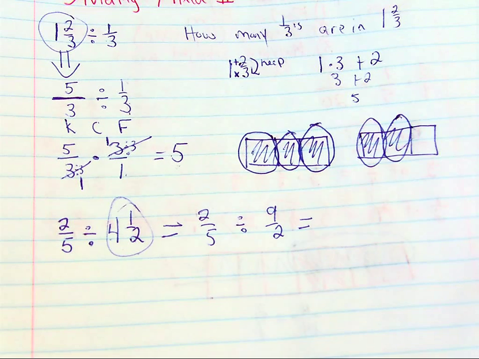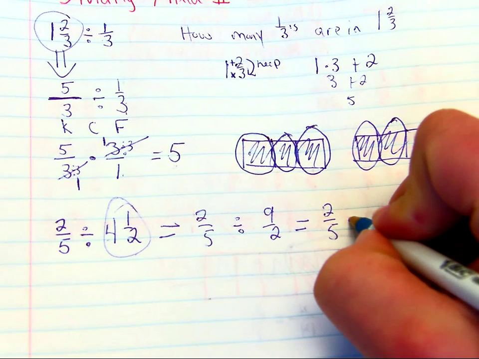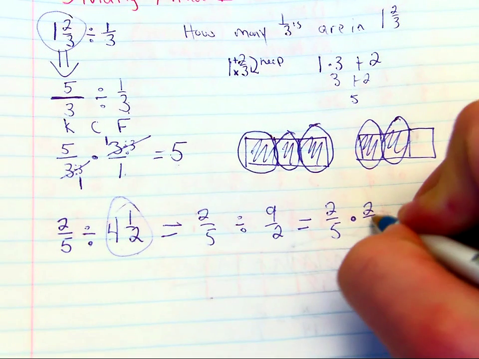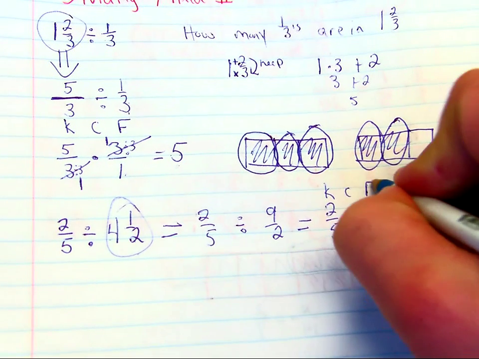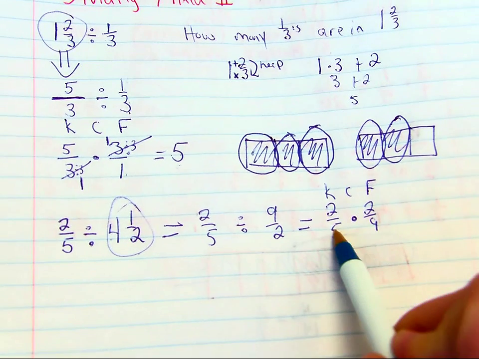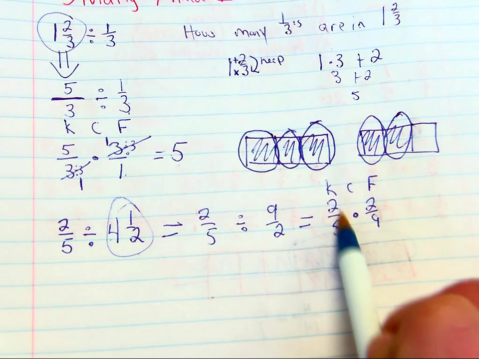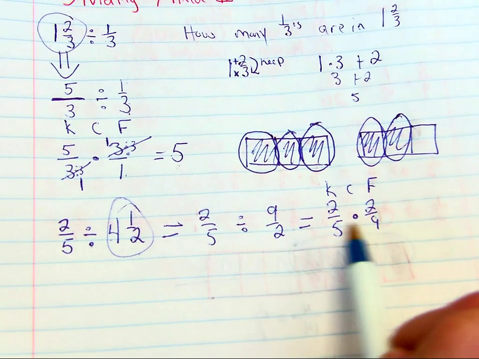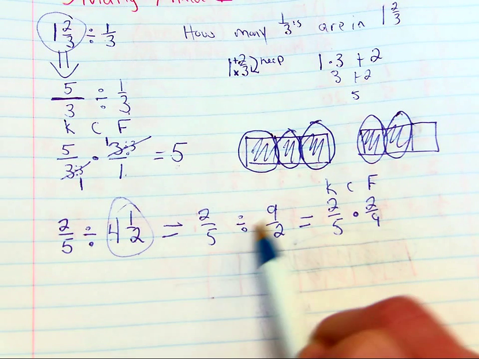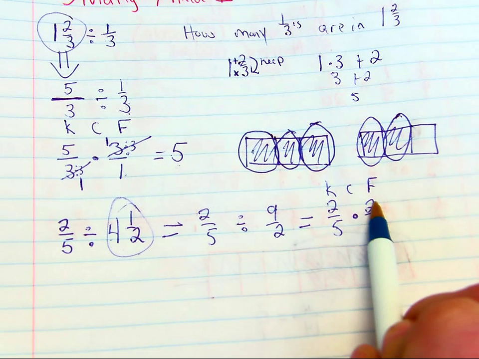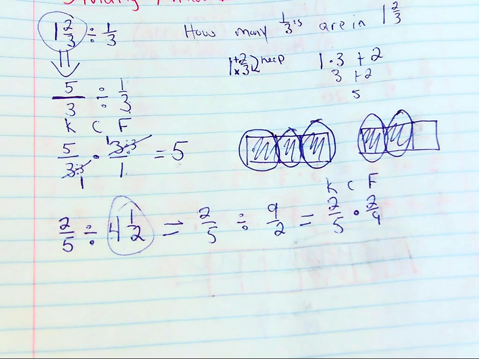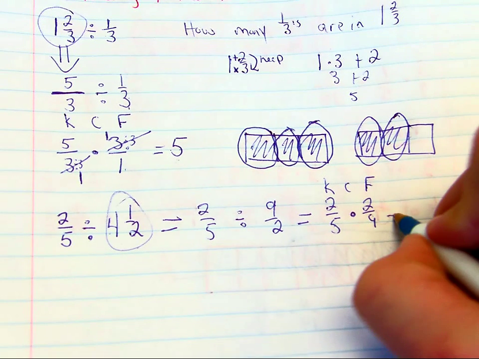And I want to write a multiplication problem. So that's going to be keep, change, flip: 2/5 times 2/9, I'm sorry. So dividing by 9/2 is the same as multiplying by 2/9, multiplying by the reciprocal.